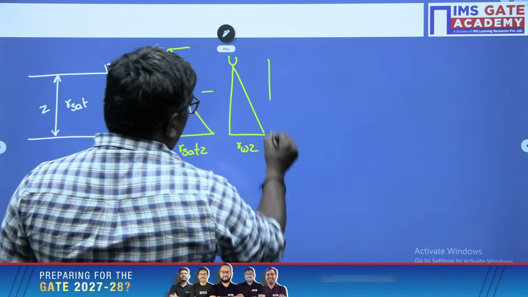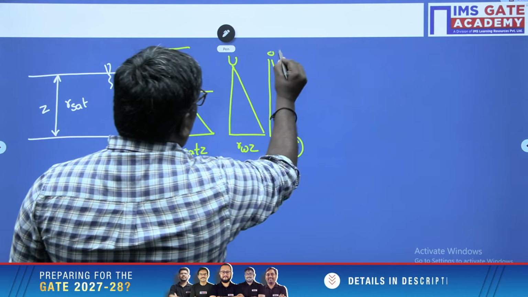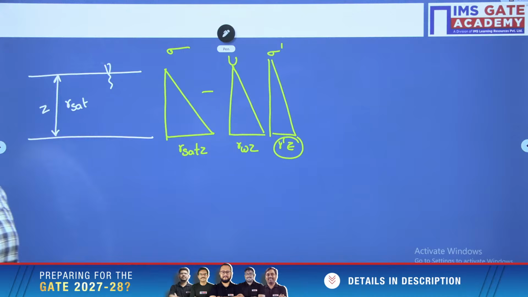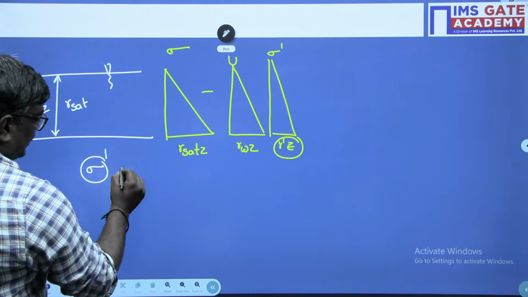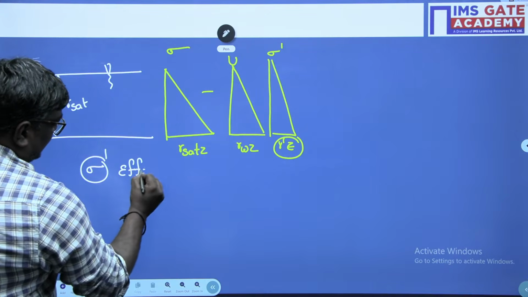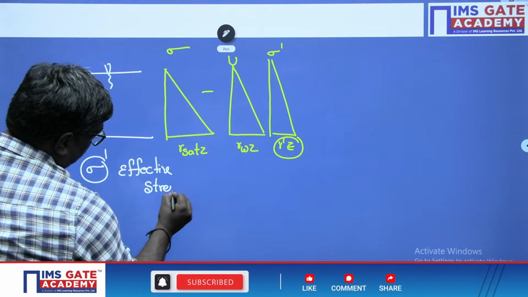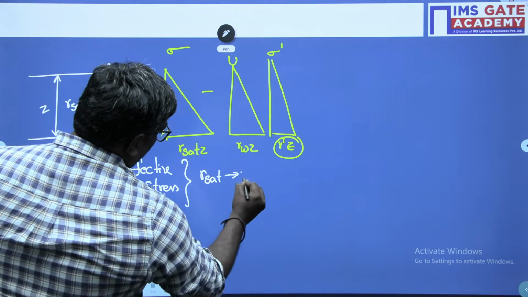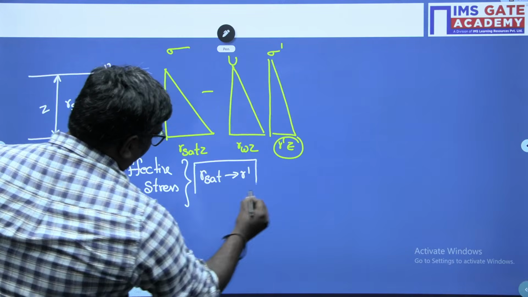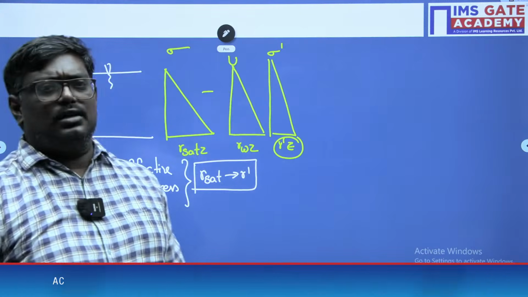Now, total stress minus pore water pressure will be gamma dash into Z. This is effective stress. So what you have to remember, my dear students, is that in the calculation of effective stress, gamma sat will be replaced by gamma dash. Right, my dear students? Any doubts in this, sir?